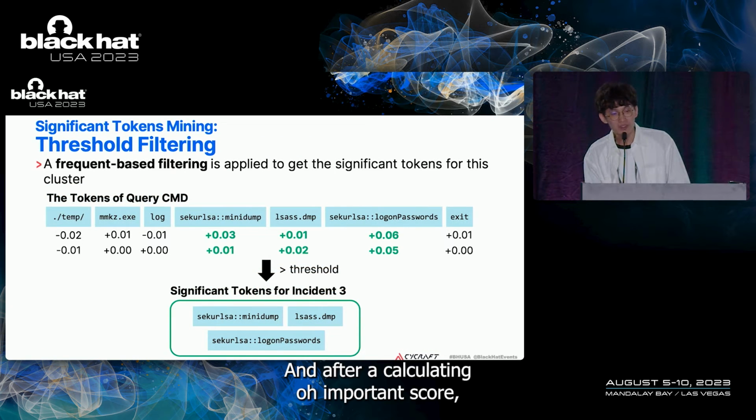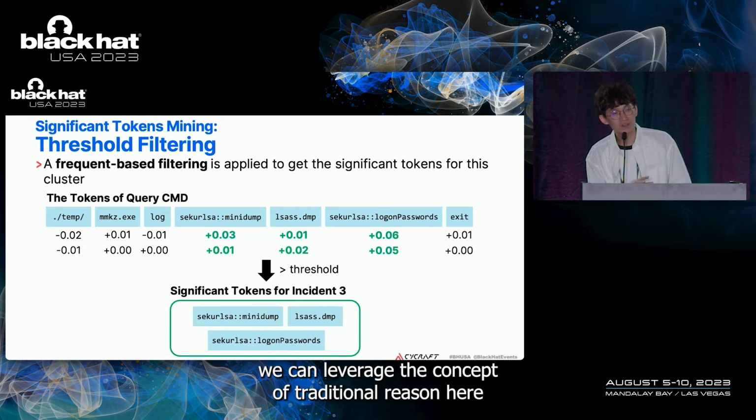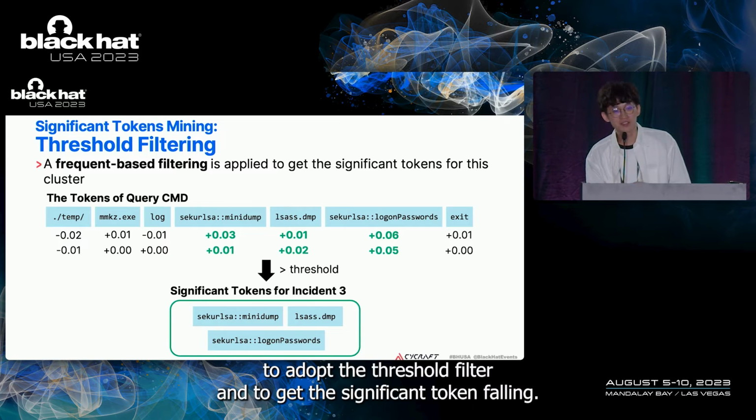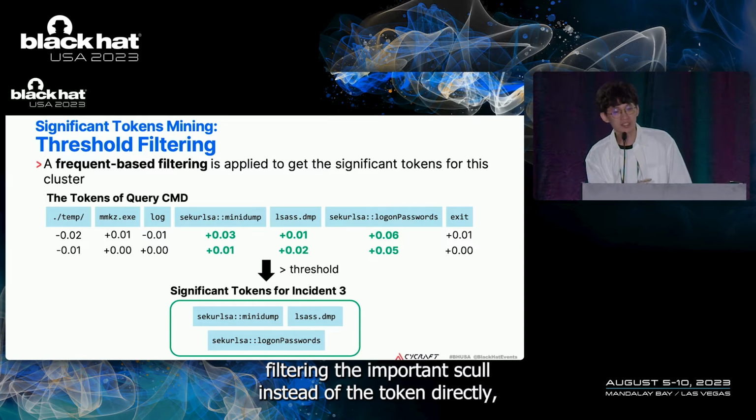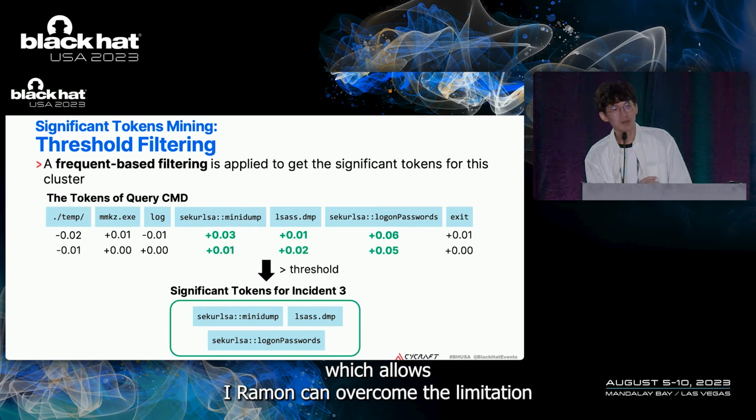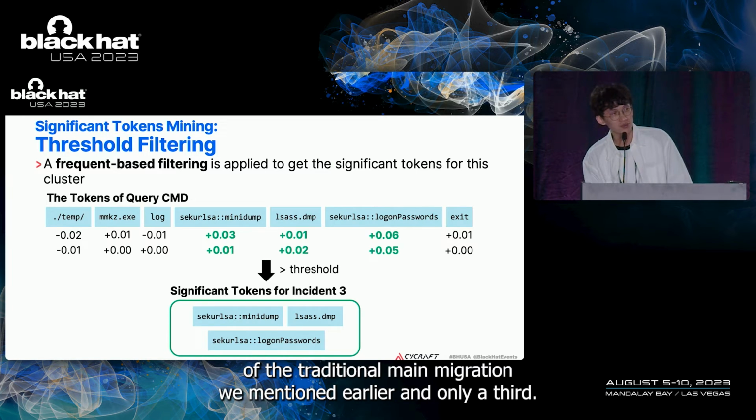After calculating all importance scores, we can leverage the concept of the traditional mining algorithm and adopt a threshold filter to get the significant tokens for incident 3. Note that we apply this threshold filtering on the importance scores instead of the tokens directly, which allows IRonMAN to overcome the limitation of the traditional mining algorithm we mentioned earlier.